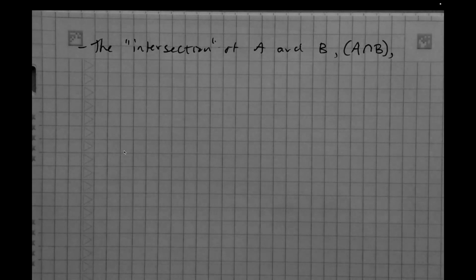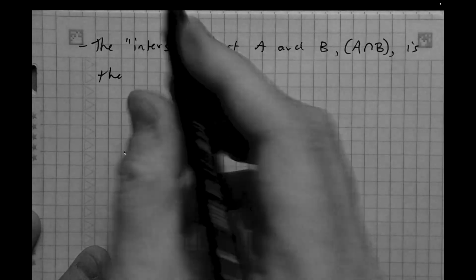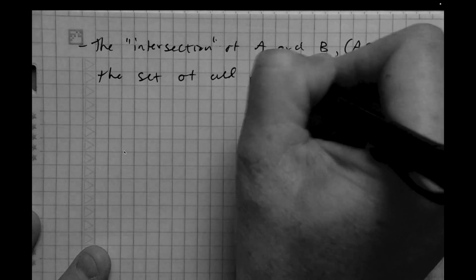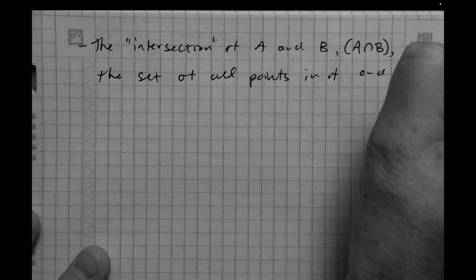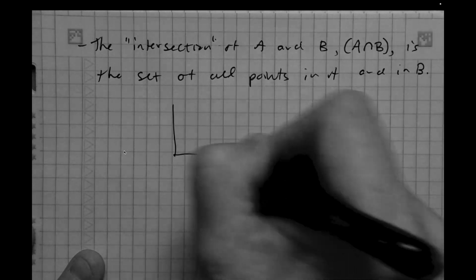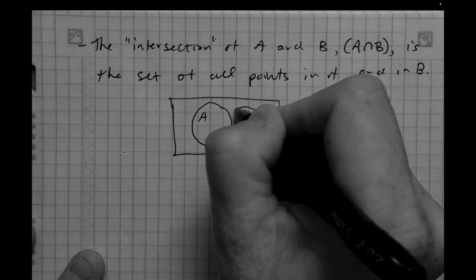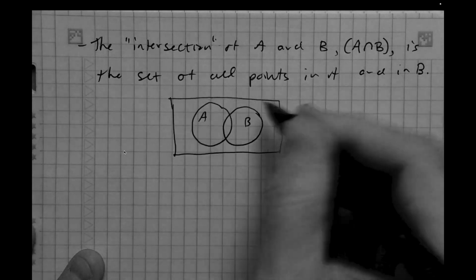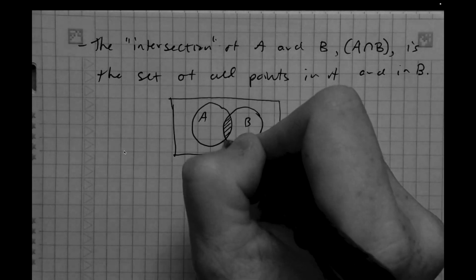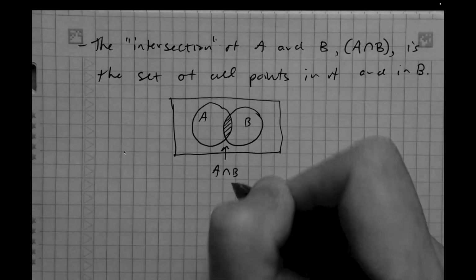So the intersection of A and B is the set of all points in A and in B at the same time. And if I were to draw that, if I've got A over here and I've got B over here, they share some elements, they have some common elements, and that is the intersection. So that right here is A and B.